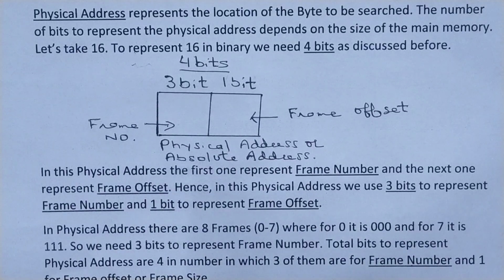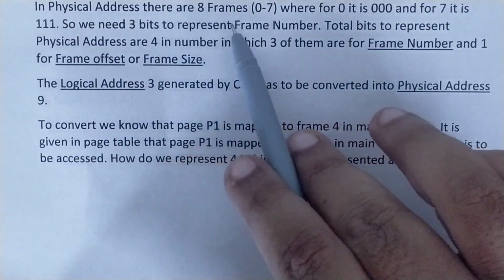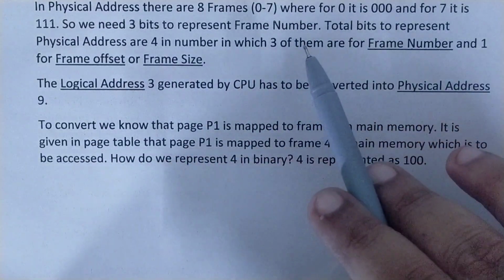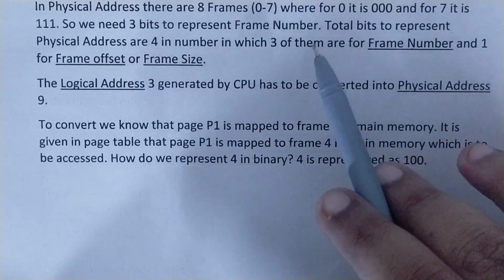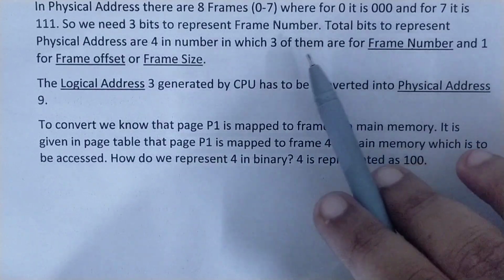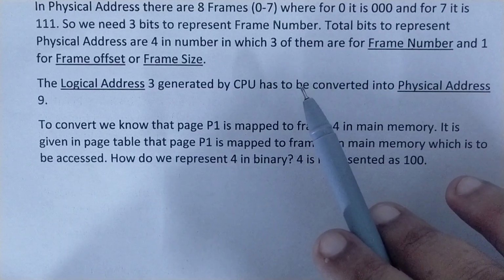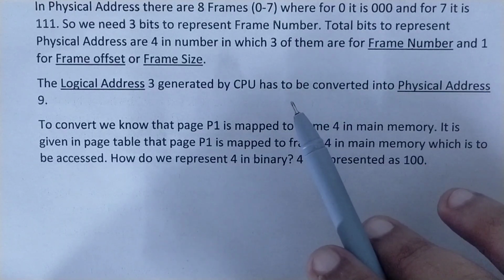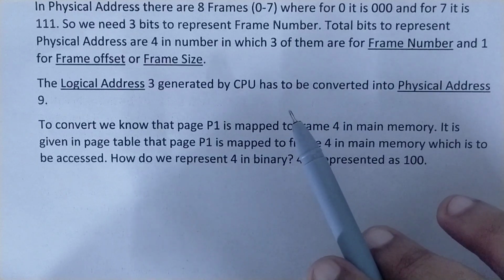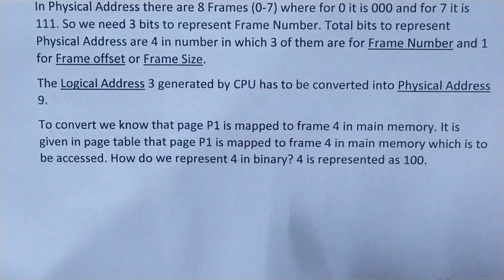Here in this physical address we use 3 bits to represent the frame number and 1 bit to represent the frame offset. Now in physical memory there are 8 frames, 0 to 7, where 0 is represented as 000 and 7 is represented as 111. So we need 3 bits to represent the frame number. But the total number of bits required to represent the physical address is 4, in which 3 bits represent the frame number and 1 bit represents the frame offset or frame size.